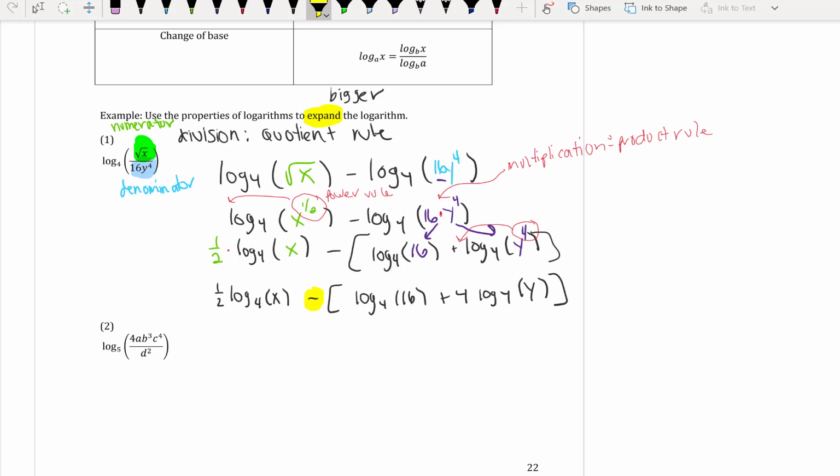And because this is a subtraction, you can think of it as a -1 that's going to get distributed. So now I have 1/2 log base 4 of x minus log base 4 of 16 minus 4 log base 4 of y.